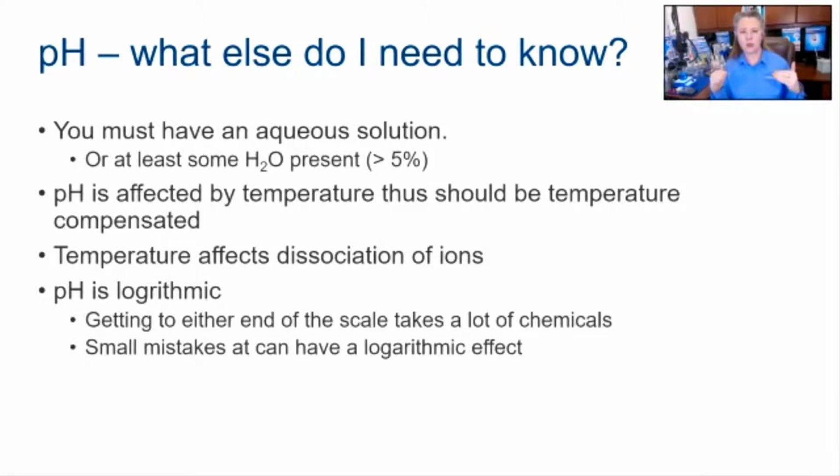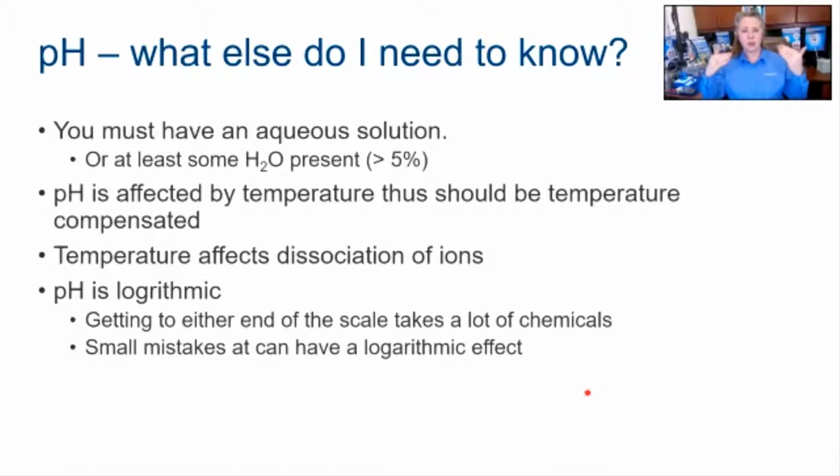The closer to no water that you get, the more wonky your results might be. pH is also very much affected by the temperature. Therefore, you must compensate for any temperature changes when you're doing your measurements. If your temperature is going all over the place, you get very noisy measurements. It's also affected by the dissociation of ions. If that makes sense.